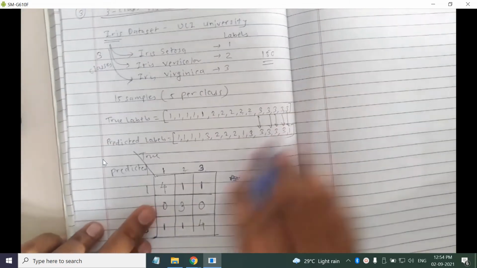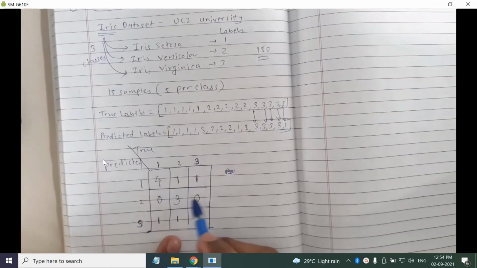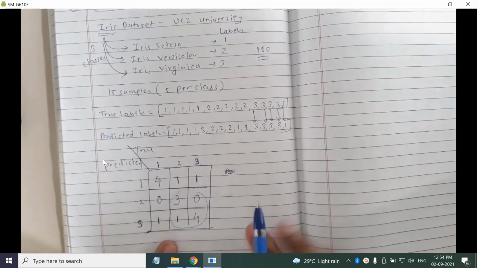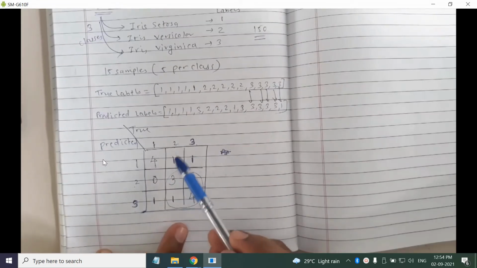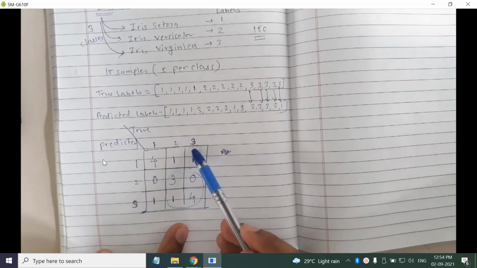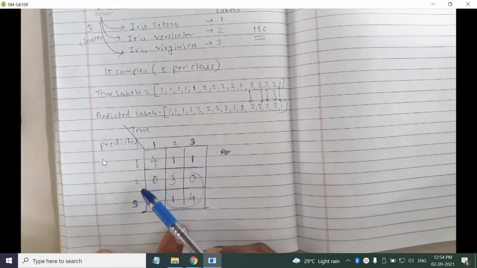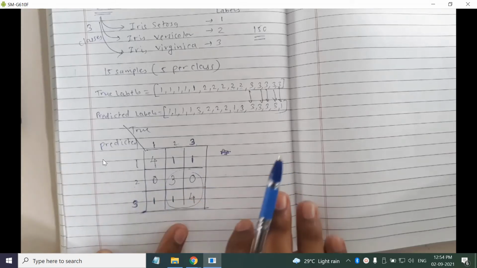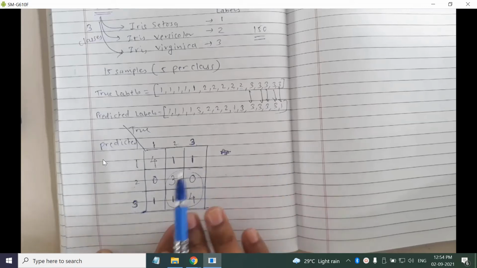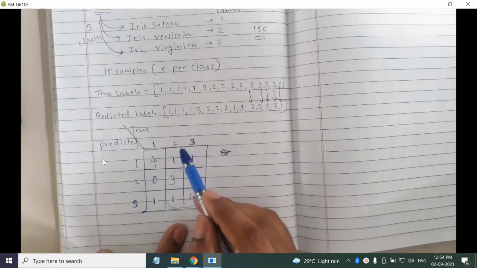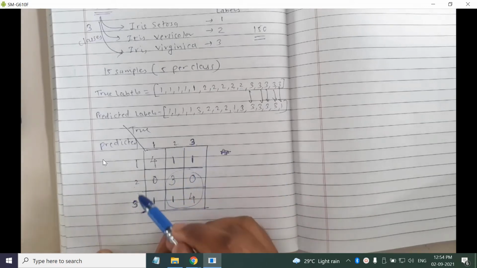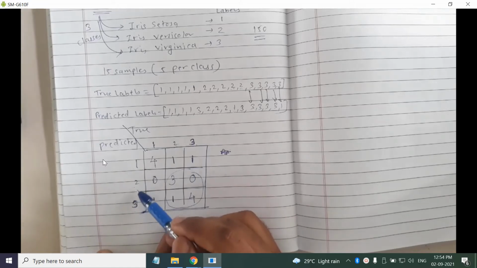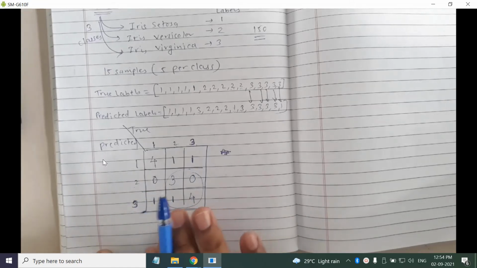Okay, now consider this set. Now the labels are 2 and 3, okay, and our model predicted 2 and 3, so they are correctly rejected, right? Their label was 2 and 3, and the model has predicted 2 and 3, so they are correctly rejected.